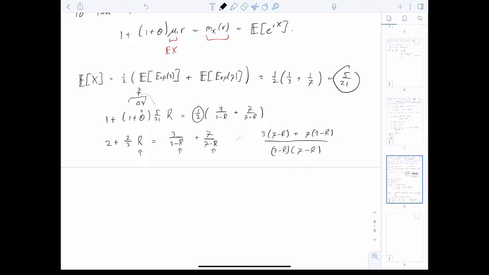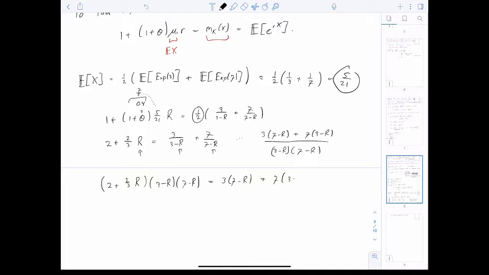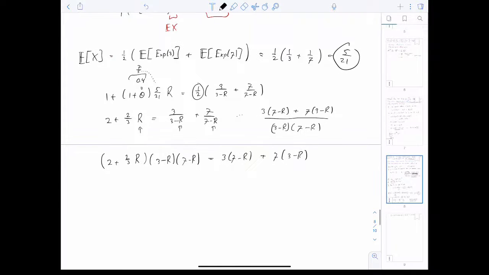Right, so this will give us the multiplication. Now we can rewrite this equation as this times (3 minus r) times (7 minus r) equal to 3 times (7 minus r) plus 7 times (3 minus r).